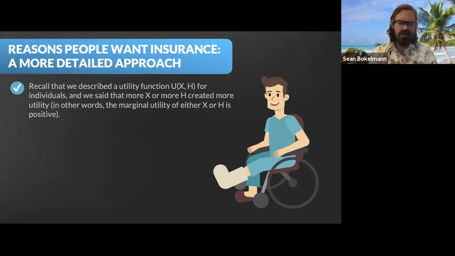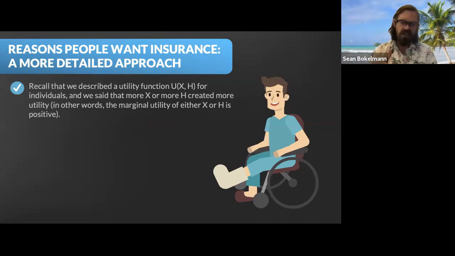So remember that, back in the early chapters, when we were talking about the demand for healthcare, we described a person that has a utility function that incorporates their demand for normal types of goods, right? That's what X is. So cars, clothing, food, right?